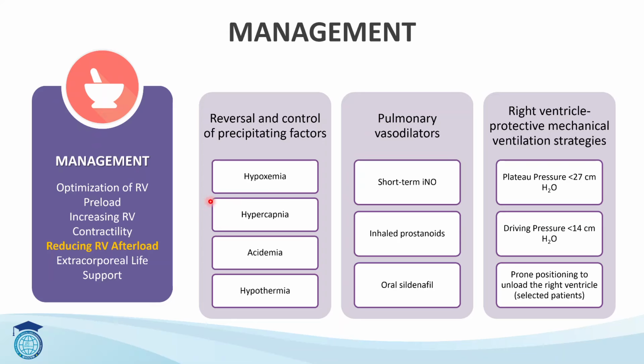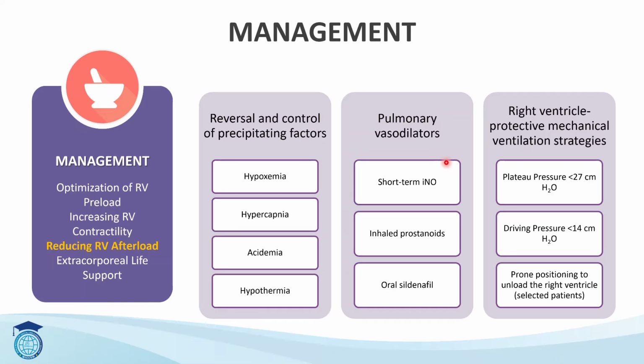Therefore, aiming for normocapnia would be a goal in these patients. Of course, this may actually not be possible, especially in patients with ARDS, where we have to do permissive hypercapnia. At the same time, correction of acidemia and hypothermia would control these precipitating factors for increasing pulmonary vascular resistance.